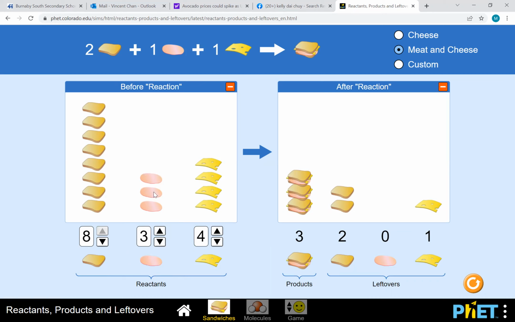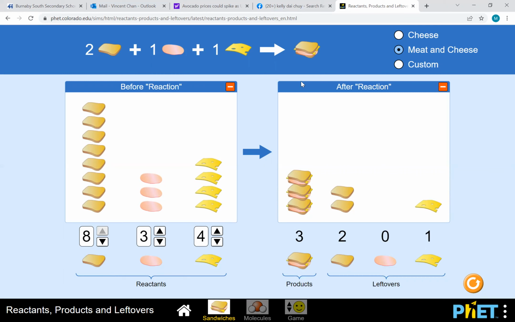Since there were 3 slices of meat and it's a 1-to-1 ratio between the meat and the sandwich, we get a maximum of 3 sandwiches, not 4. The cheese has some leftovers, and the bread is also leftover, and this is what we call our excess. So the meat here would be called our limiting factor.